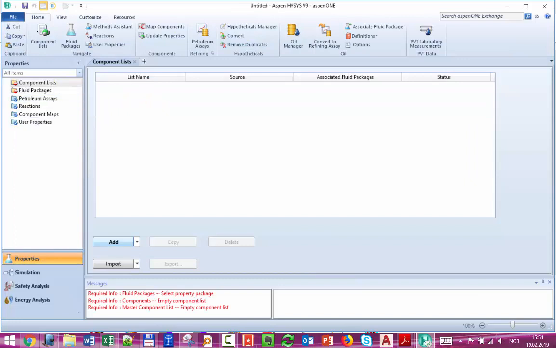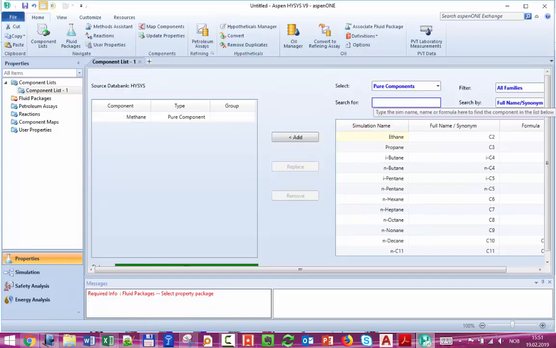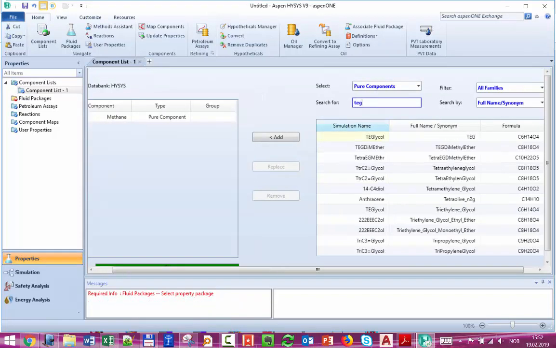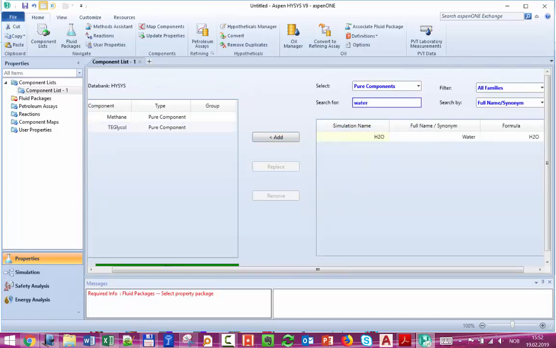Let's make it first. We could use the full composition of the gas, but let's assume it's purely methane, just to make our life simple. So I'm going to add methane, I'm going to add TEG, triethylene glycol, and I'm going to add water. Just these 3 components. In reality, I should use the full composition of the gas.